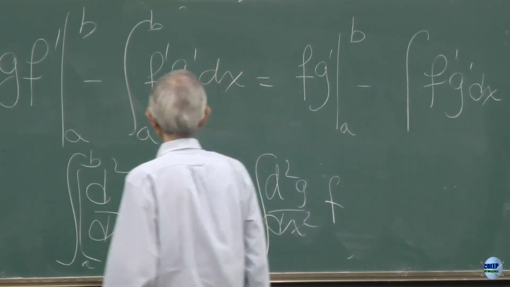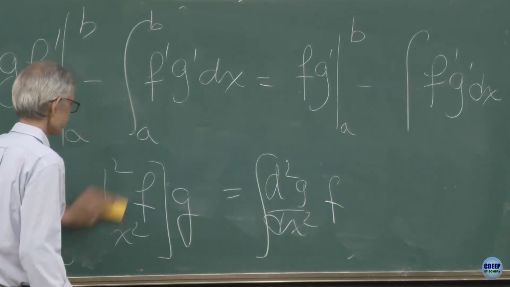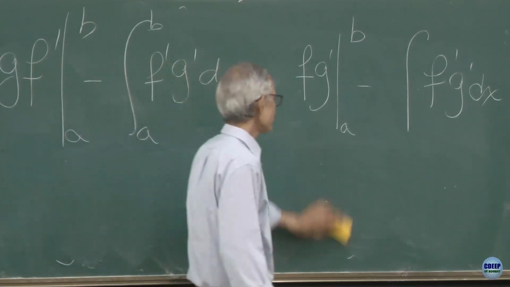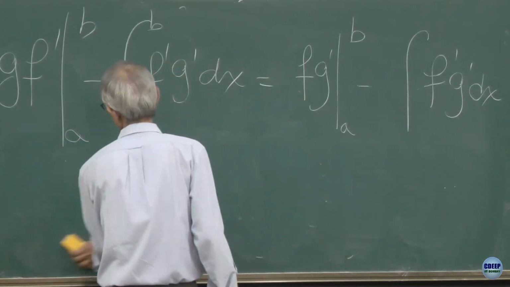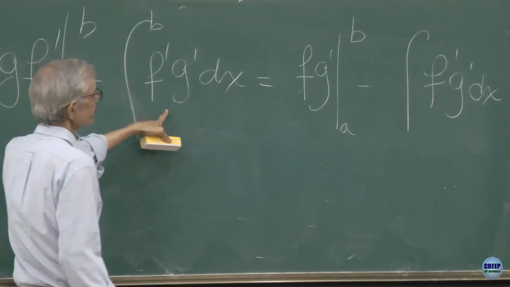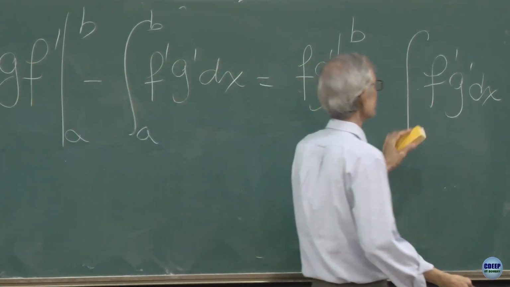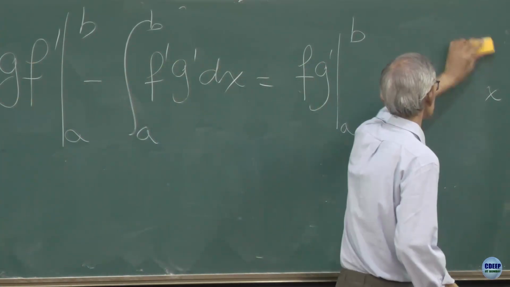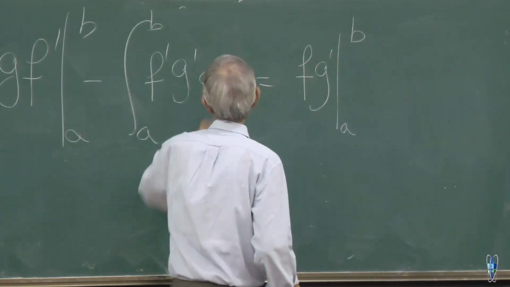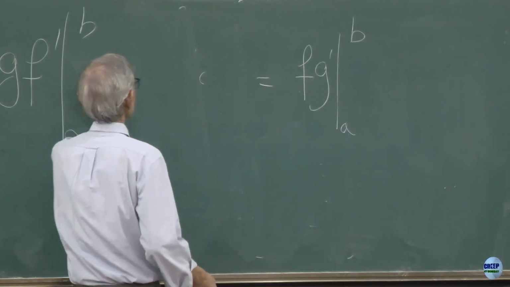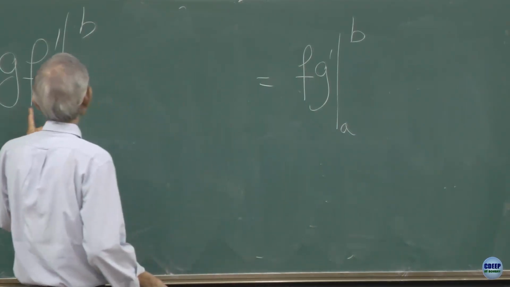Now let's just open this up. So I can open this bracket, and this is equal to this, right? There's no question about that. So I can throw this out. So this is fine. I've got g f prime.